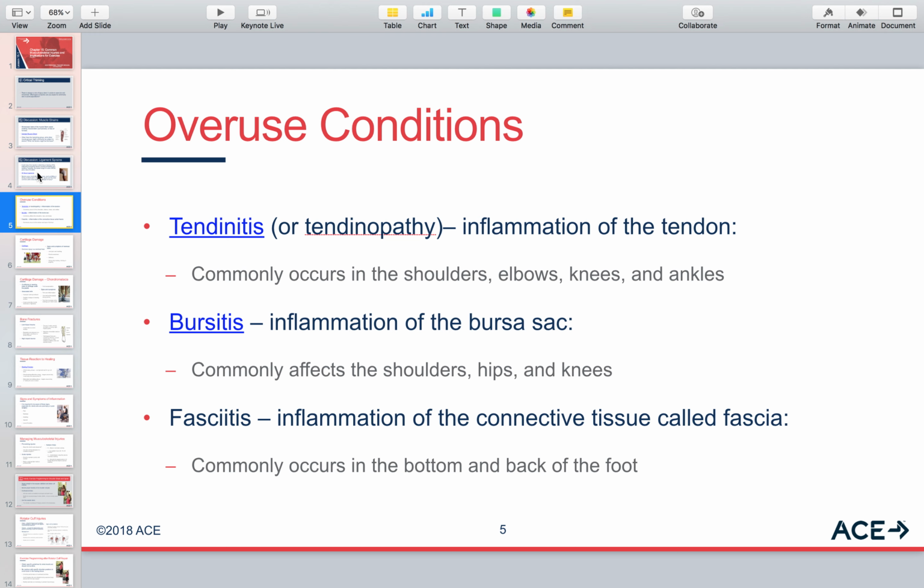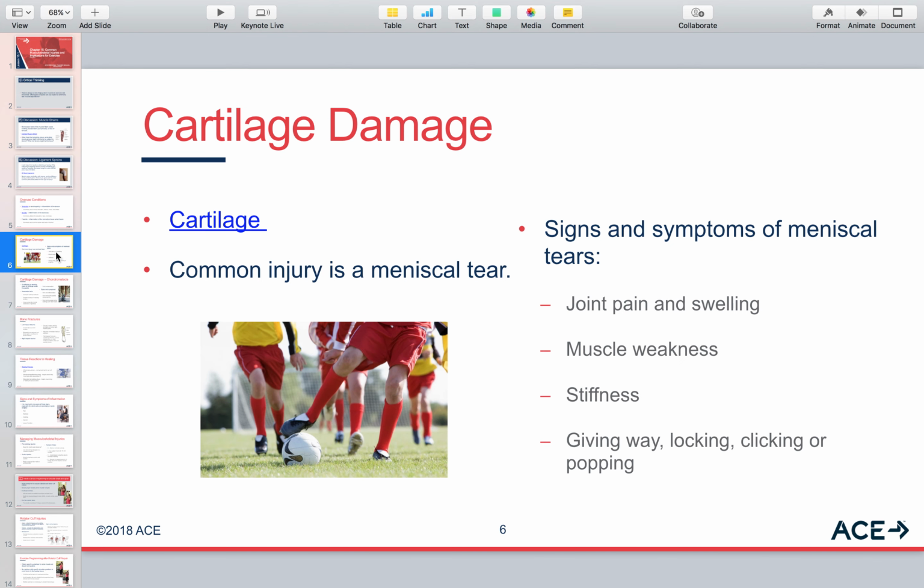Fasciitis is inflammation of the connective fascia, commonly occurring in the bottom or the back of the foot. Cartilage damage is a common injury; meniscus tears are very common. Signs and symptoms would be joint pain, muscle weakness, stiffness, giving way, locking out, clicking, or popping as well.